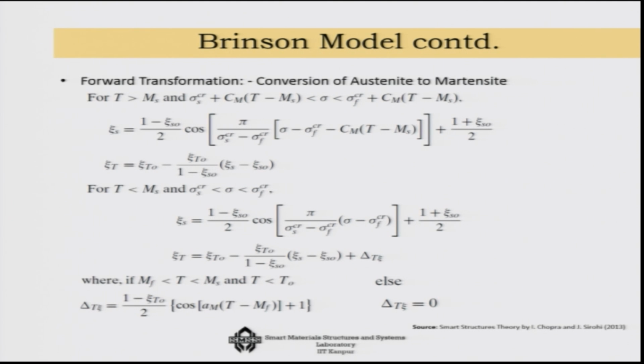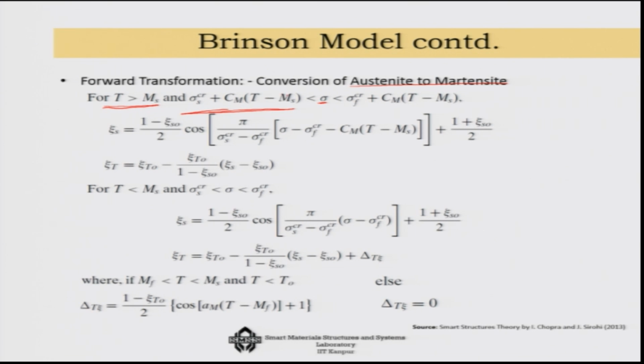Keeping all these points in mind, when it is a condition where you have both stress and temperature, then for temperature greater than Martensite start, the forward transformation relationship, when I am converting from austenite to Martensite, is this, where sigma is in between these.